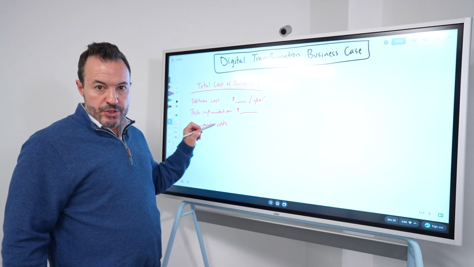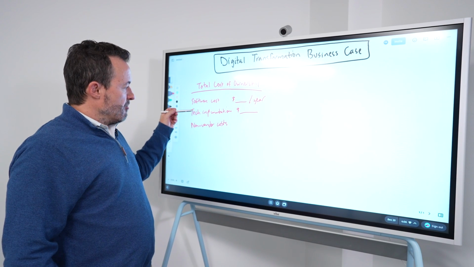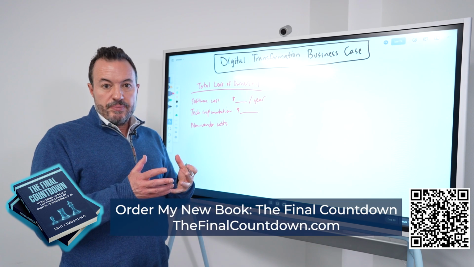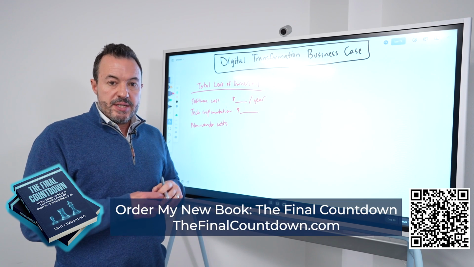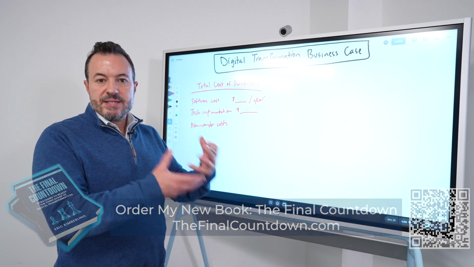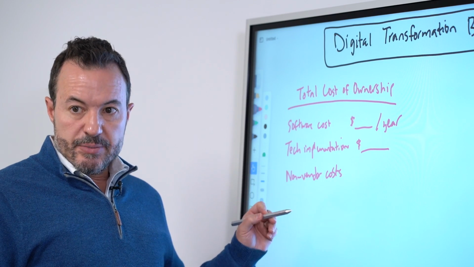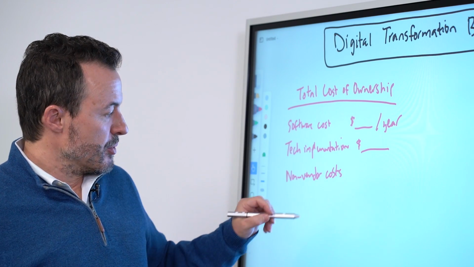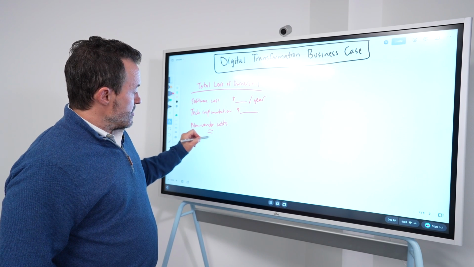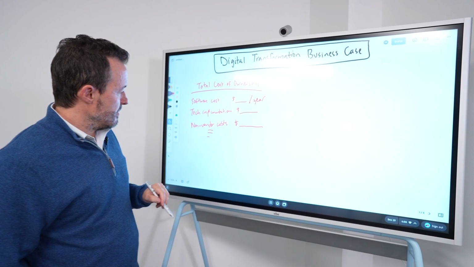Examples might be data migration, architecture, integration, things of that nature, where maybe your software vendor is doing some of that work, but there's additional work that needs to be done to, for example, integrate to your legacy system, or to clean up all your dirty data and map it to the new system and migrate it over and do all the testing behind that data. Oftentimes, those are examples of separate line items that are going to add to the cost of your total cost of ownership. So think of this as not just one line item, but it could be multiple line items of non-vendor related costs. There's a cost associated with that.